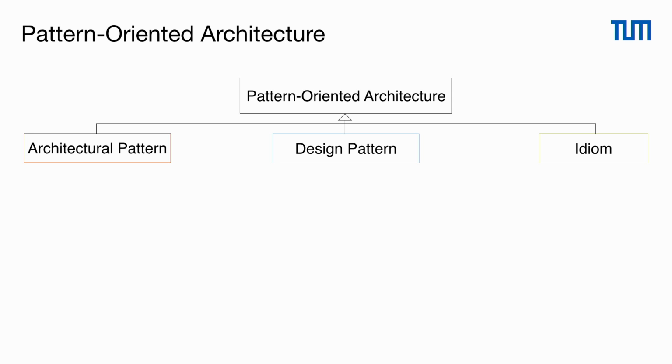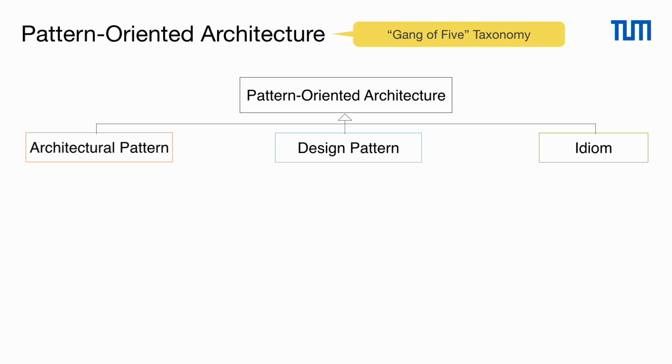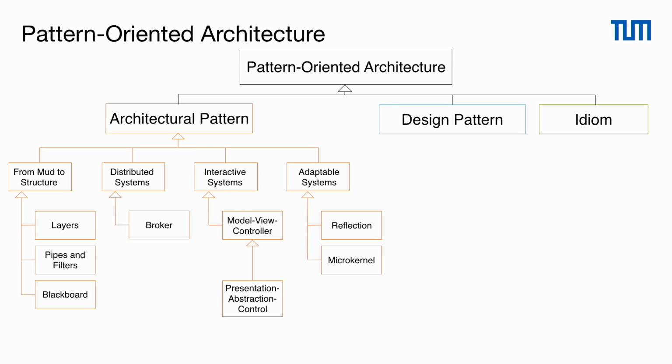The Gang of Five came up with a pattern-oriented architecture and created a taxonomy for it. So they separate into architectural patterns, design patterns, and idioms. As we are currently in the unit about architectural patterns, we will just focus on this subclass. When it comes from mud to structure, everything is about decomposition. For example, layers.